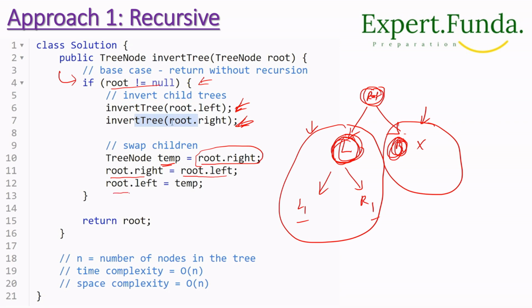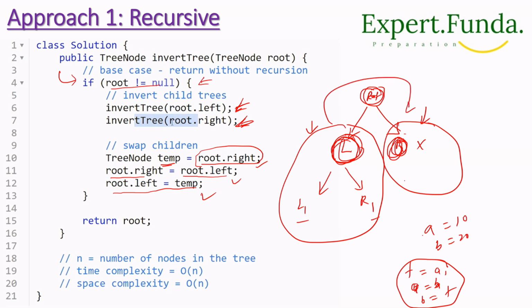Next, root dot left equals the temp, like we used to swap values. If a equals 10, b equals 20, we used to take a temp t and store a in it, and on a we used to pass b, and on b we used to pass t, like this. In this way we will do the swapping, and once this is swapped, this will now go here and this will go here, correct? This will happen, and then we will finally return root.